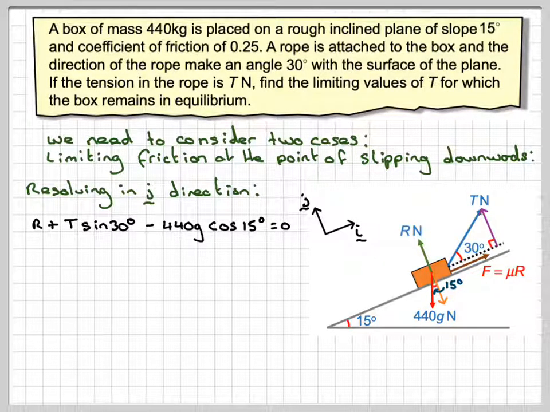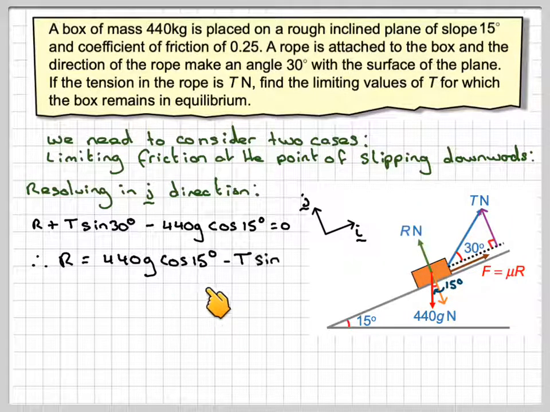They'll balance each other out because there's no movement in that direction. Making R the subject, R will be equal to 440 g cos 15 minus T sine 30. You're advised to leave these like this and deal with the sine and cos at the end of the problem.